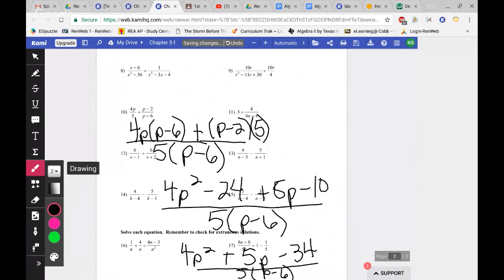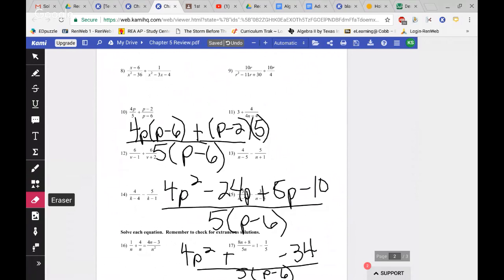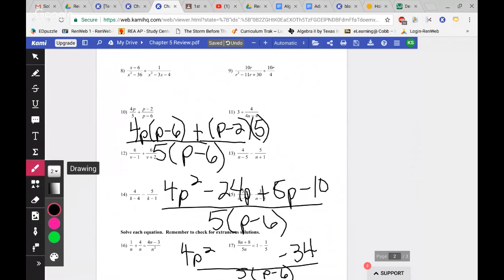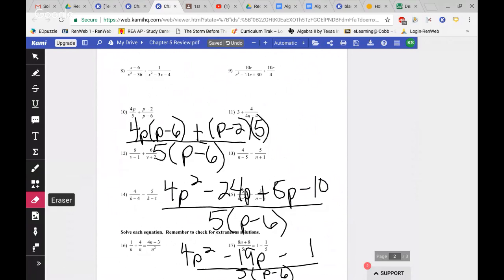And now we get to factor this. I know that's some of y'all's favorite things, right? Unless I did something wrong. This is where that simple mistake with the 24p comes in, which is going to be minus 19p minus 10.